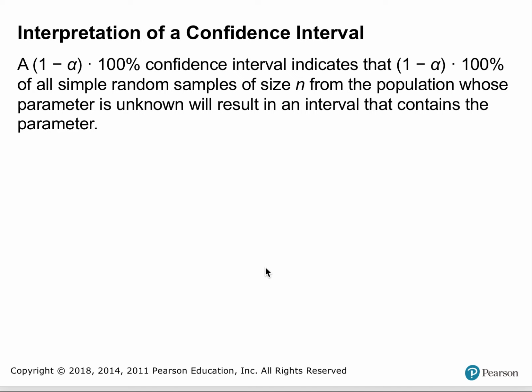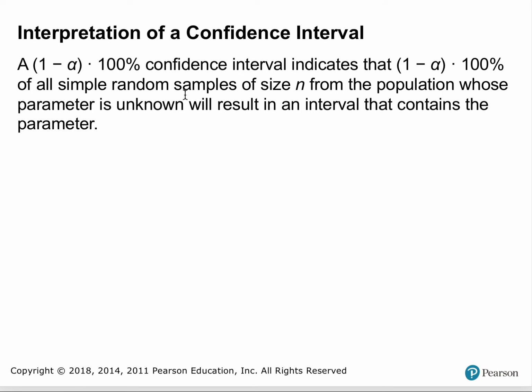Okay, does that make sense? Kind of the distinction, the difference there. We're not saying it's a 95% probability. We're saying we're 95% confident that that parameter is in there. 5% of the time, that parameter is not in there.